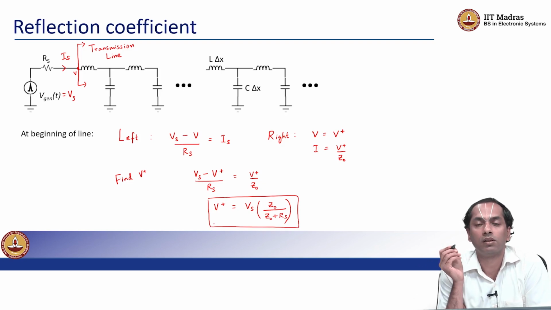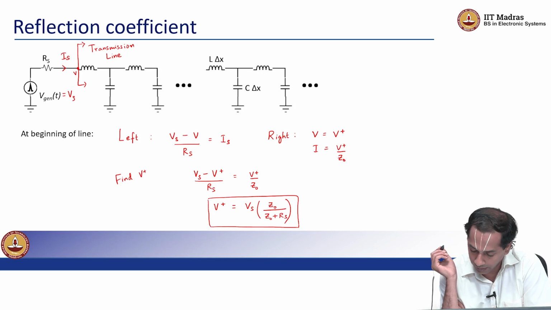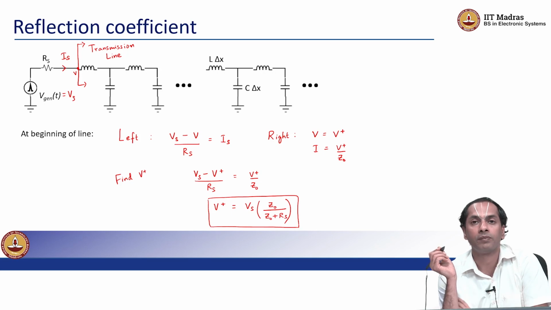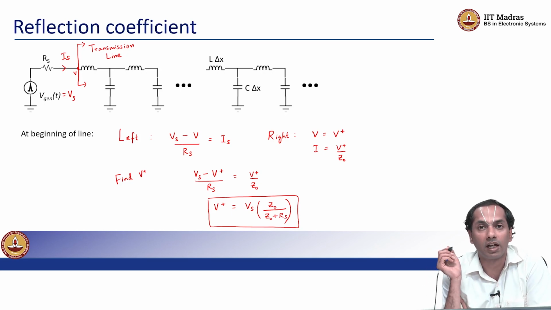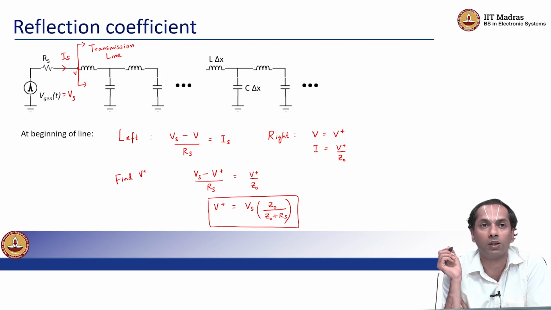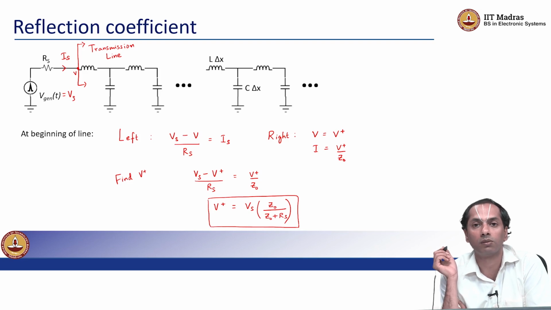Okay. So we are seeing something very interesting here, right? That is, if I have a source resistance Rs and if I have a source voltage Vs, the entire amplitude Vs does not actually get launched on the transmission line, right? But only a fraction, and the fraction is Z0 by Z0 plus Rs.